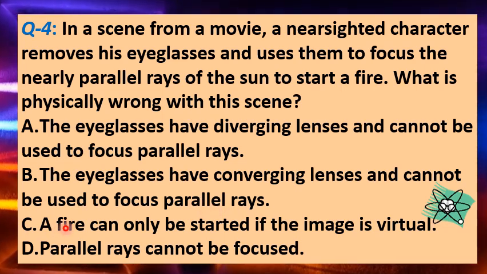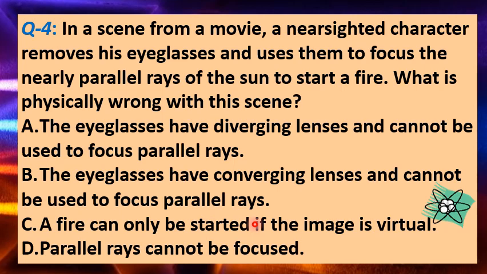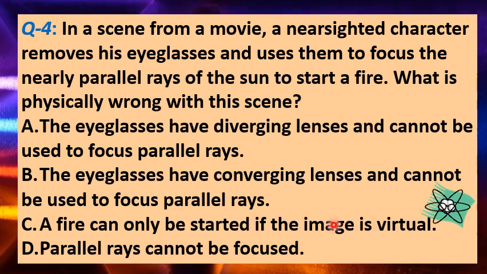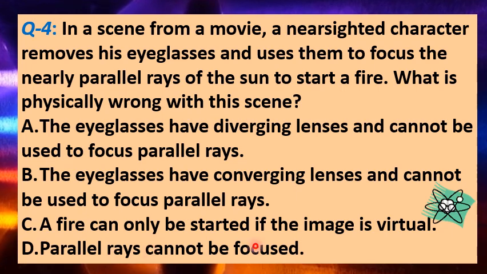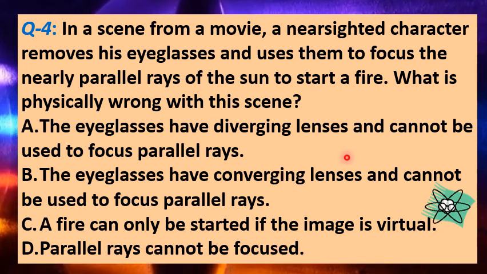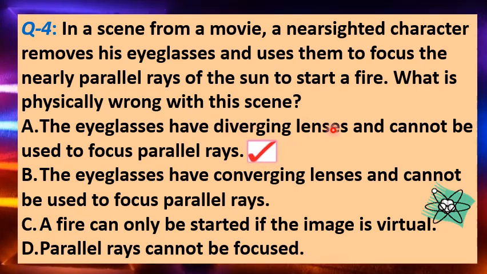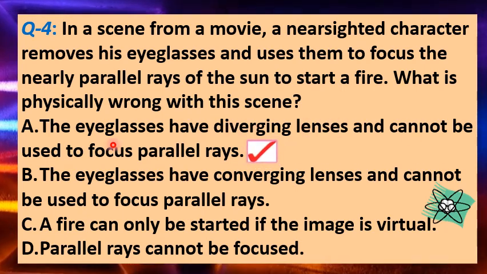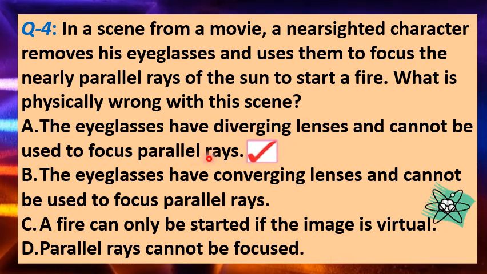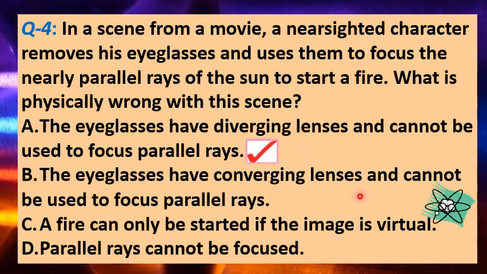Option C. A fire can only be started if the image is virtual. And option D. Parallel rays cannot be focused. The correct answer is option letter A. The eyeglasses have diverging lenses and cannot be used to focus parallel rays. We have the explanation in just a short while.